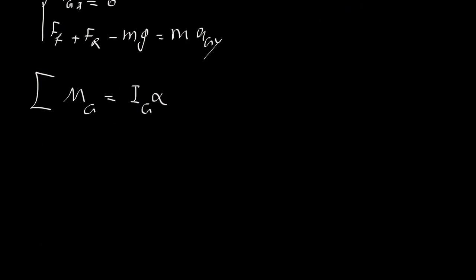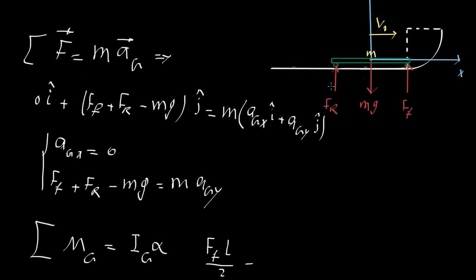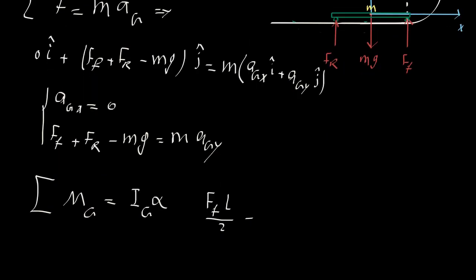But you can also use the right hand rule to figure out the direction of the moment. Similarly here, the moment of this force would be in the minus k direction. So we are going to have minus F_r L over 2 is equal to I_G alpha.